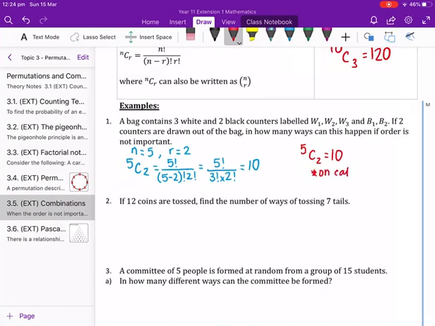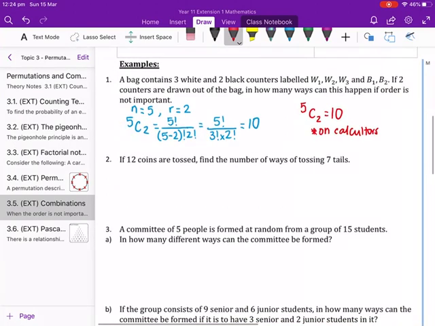For our second example, we have: if 12 coins are tossed, find the number of ways of tossing 7 tails. So using our notation, we ask how many coins do we have in total? So we have n equals our total number of coins, which is 12, and we are choosing 7.